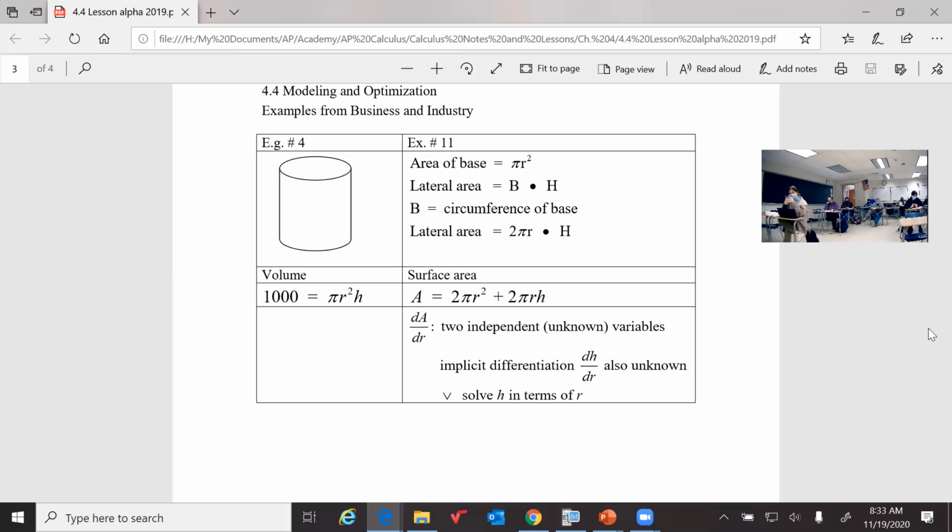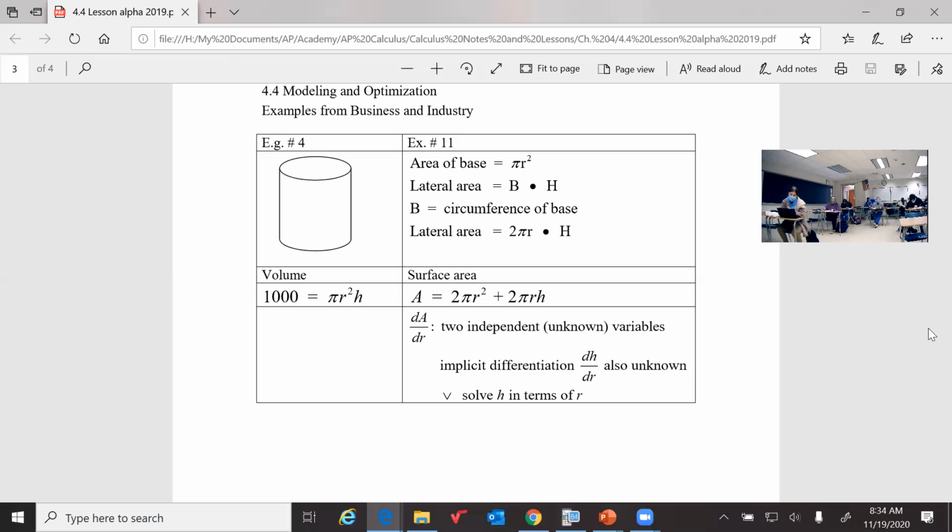They tell you the volume of the can is meant to be 1,000 cubic units. So what's volume? The area of the base, pi r squared, times how tall it is. That's 1,000. So we got this h here, which is a headache. But we could substitute for h.